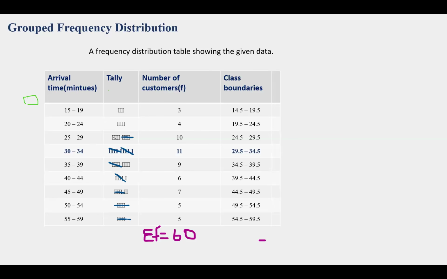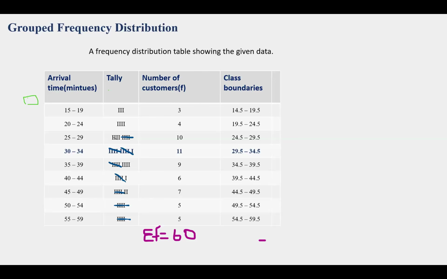This is an example of a vague title. The best title in this particular scenario would be maybe a frequency distribution table showing the number of customers and their arrival time. So now that gives an idea of the context or the contents of the table. I hope I've put enough emphasis on that particular point.